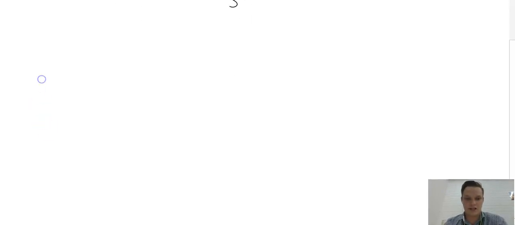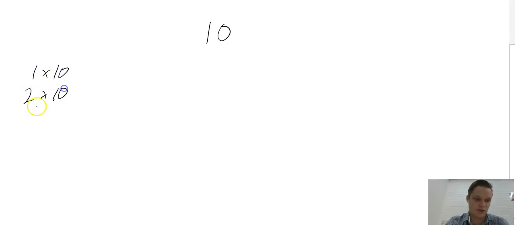So whatever the times by are the factors. So let's go through a little example. If I was looking at all the multiples of, let's go 10, the multiples are whatever the answer would be going through our 10 times tables. So over here I can write our sums if I want. 2 times 10, 3 times 10, and so on.